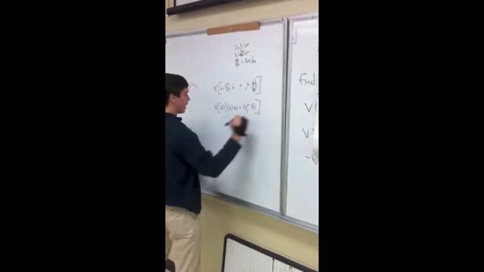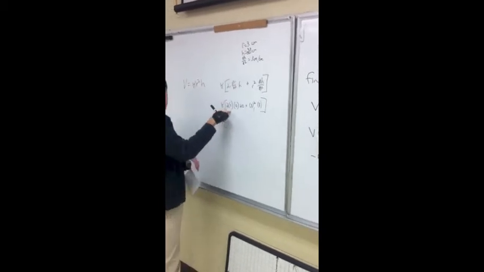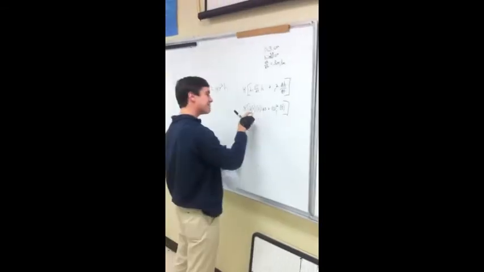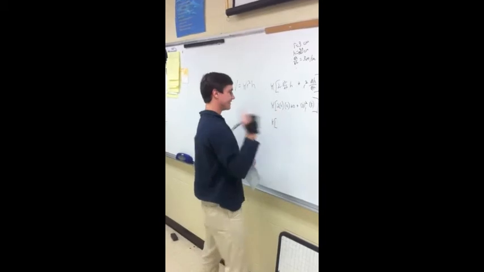So if we work this all out, we're left with pi, 2 times 3 is 6, times 0.